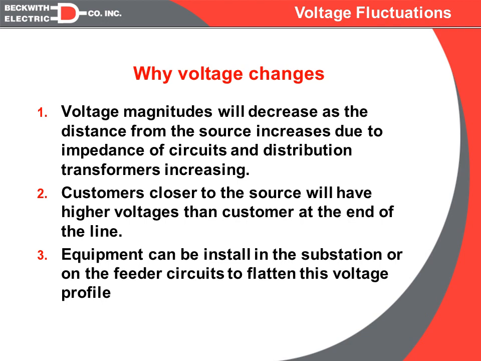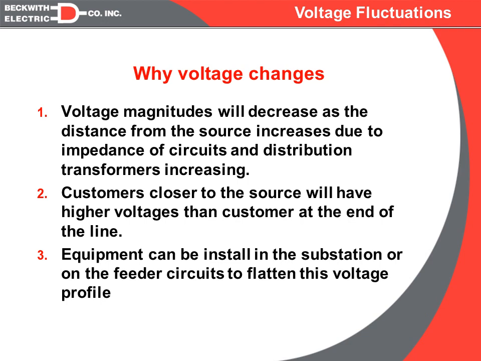So what we know is that the higher the amount of current, the more the voltage drop. And also, the further away you get, the more the voltage drop, because you have greater impedance.